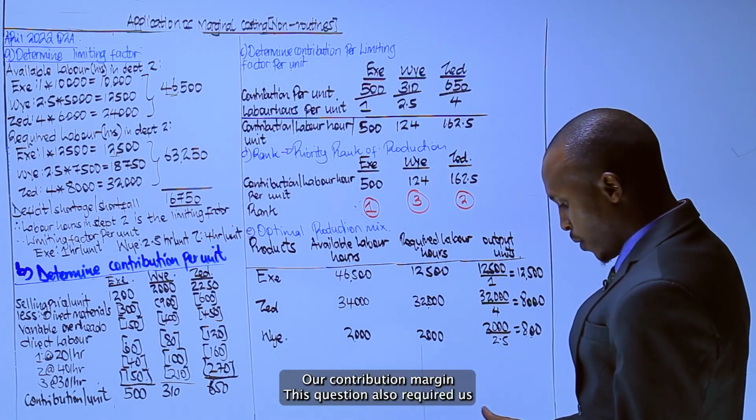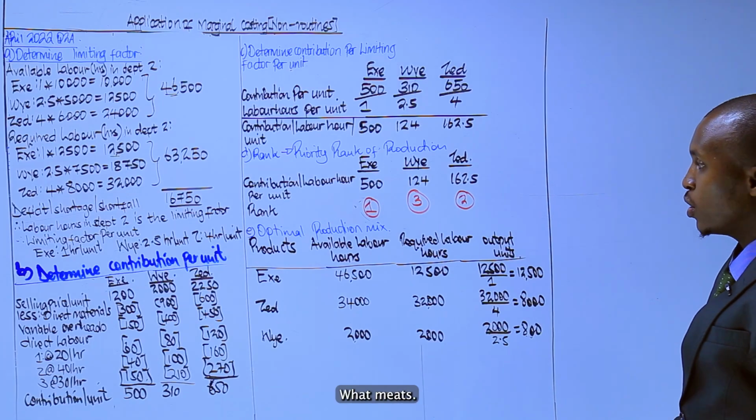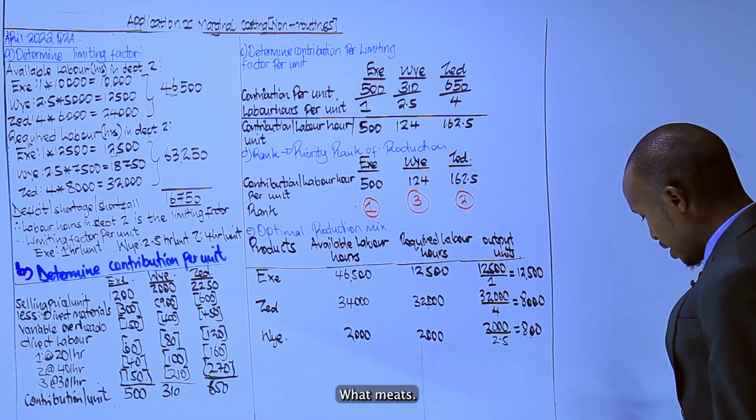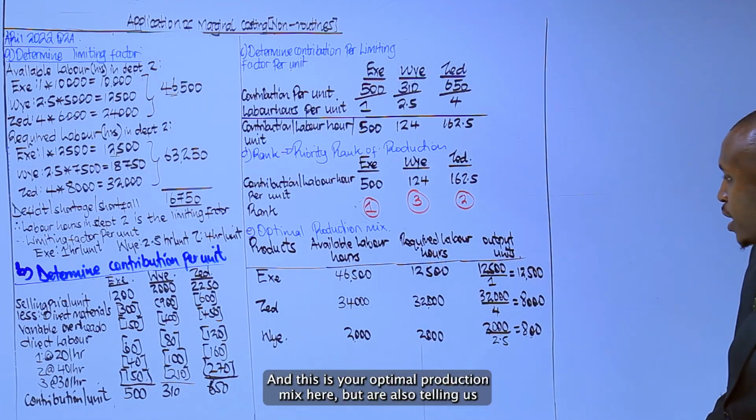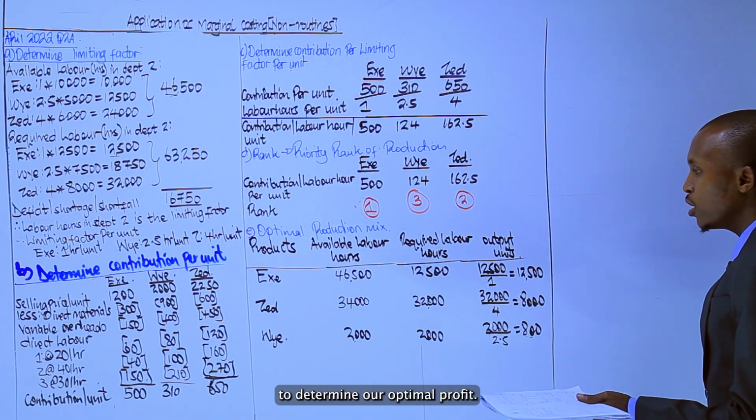This question also required us to determine the optimal production mix. This is your optimal production mix here, but they were also telling us to determine our optimal profit.